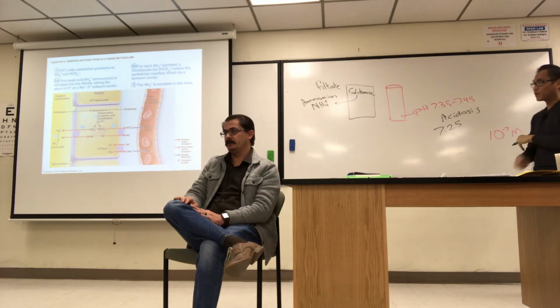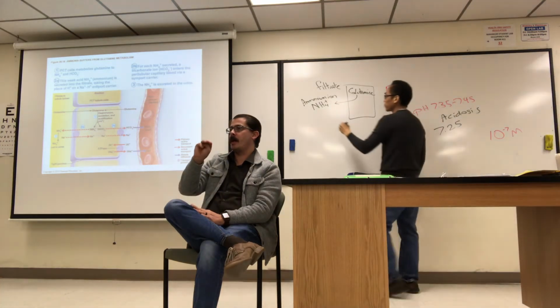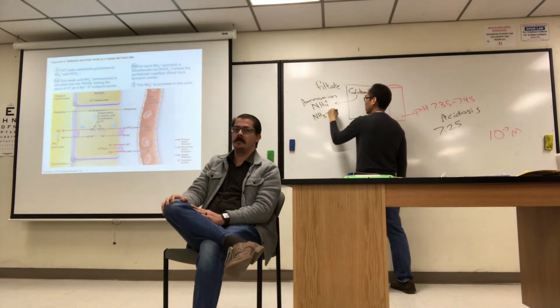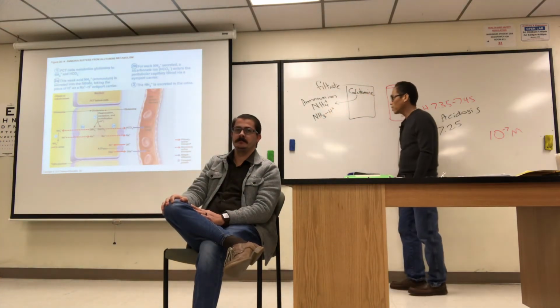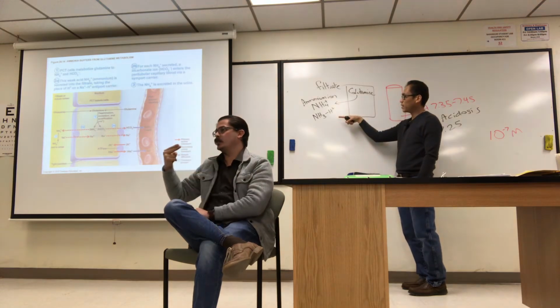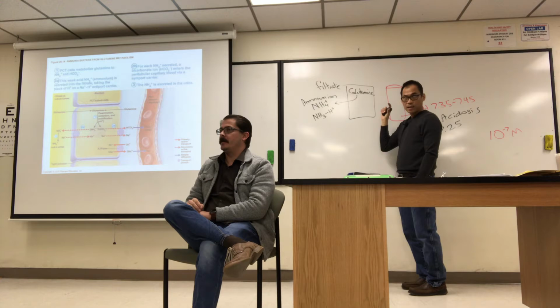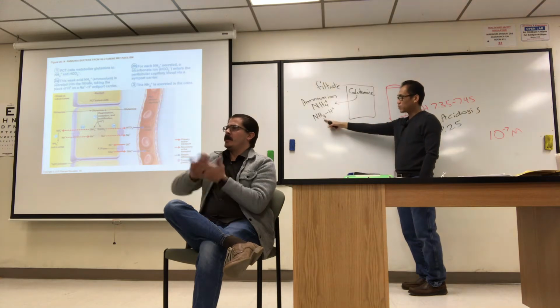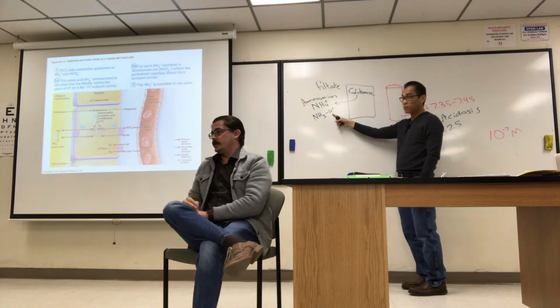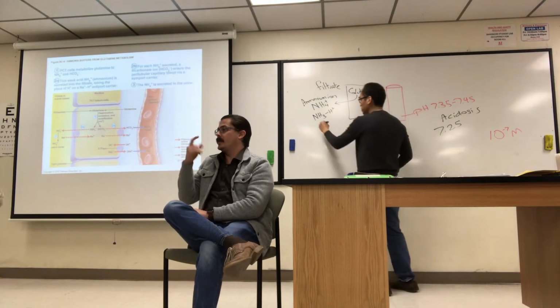The ammonium ion, think of it as NH3 with an extra hydrogen added onto it. So what you're doing is acidifying the NH3 and tagging on another hydrogen to get rid of it, because you're going to excrete this in the urine.